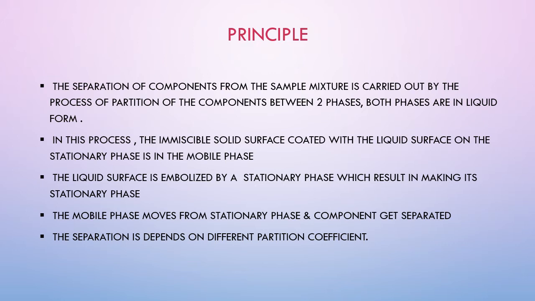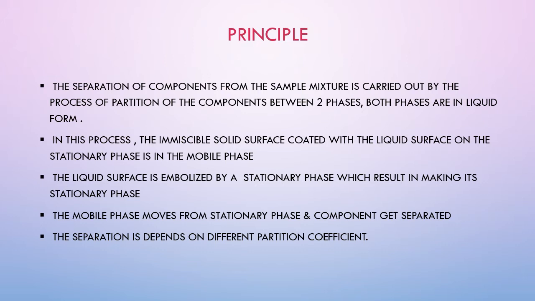Here are some points on the principle of chromatography. The separation of components from the sample mixture is carried out by partition of the components between two phases. Both phases are in liquid form, which is why paper chromatography is used.